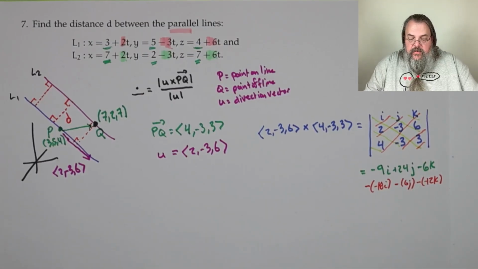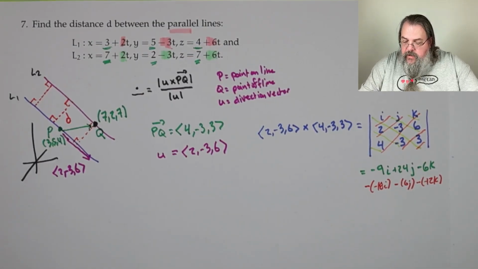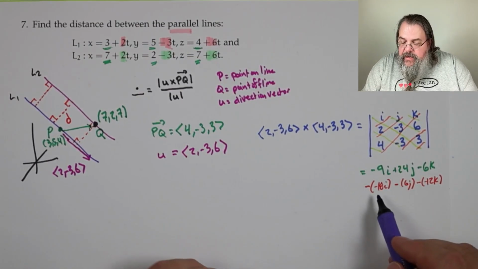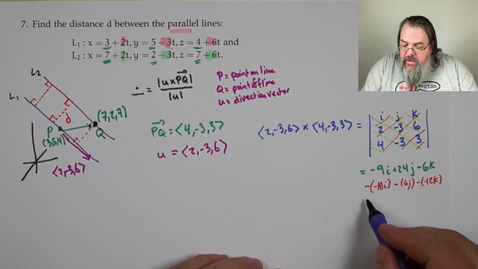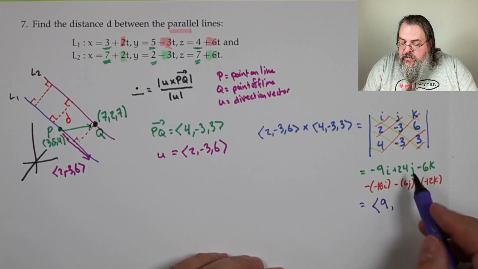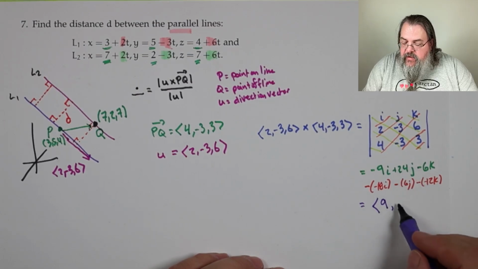All right, so when we put all of this together, what do we have? Well, we have -9, minus minus makes plus 18, which would give us a grand total of 9. 24 minus 6, that's 18.